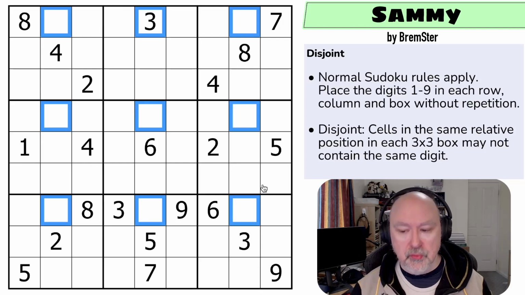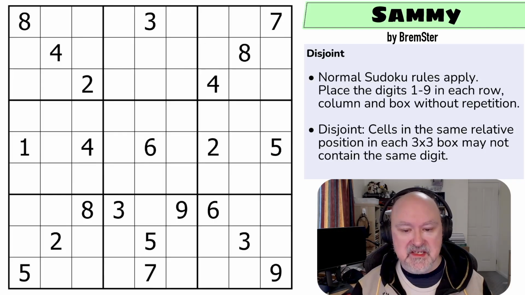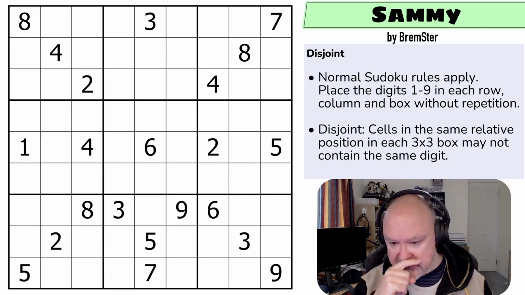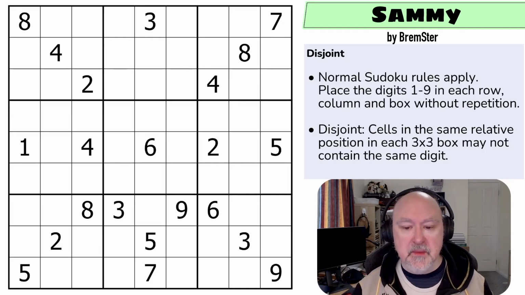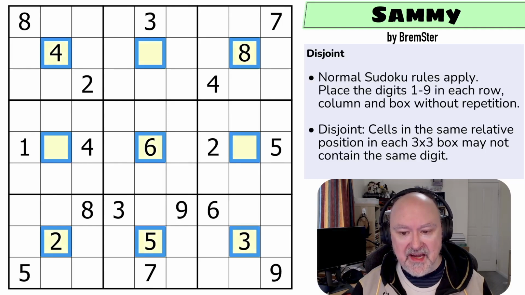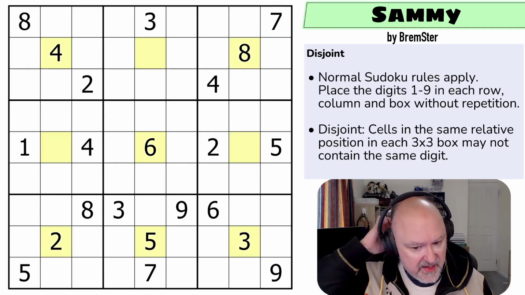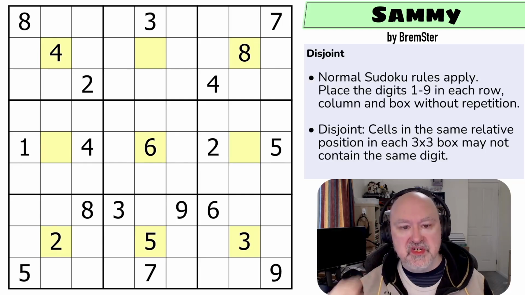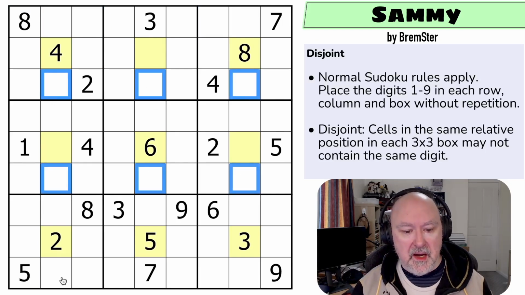So that's the rules. I'm going to restart the puzzle to restart my timer. Let's give this a shot. One of the tricks I have when solving disjoint, particularly if disjoint is the only thing in the grid, is I highlight the center cells. That gives me a quick scanning reference for which cell is which, because I can ask what's to the top left of the yellow digit, or what's on the yellow digit, or what's directly underneath it.